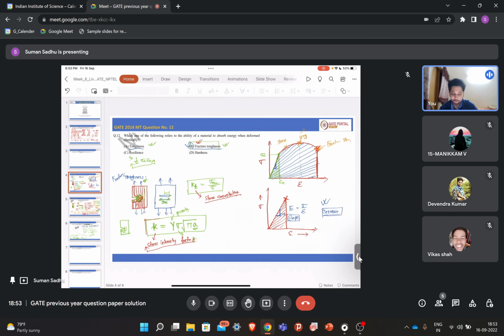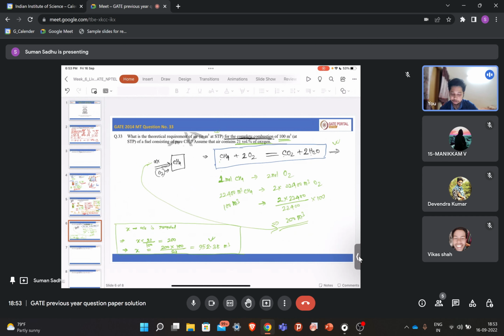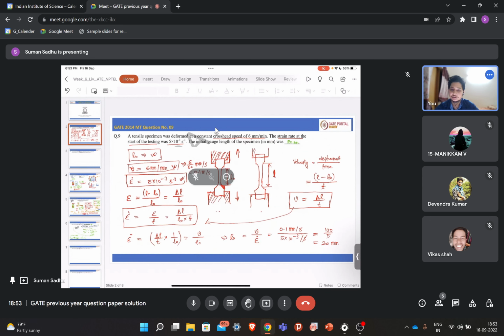The second question was this one, where I also explained the toughness, fracture toughness, resilience and hardness, and the differences between these four terms. And this is the third question of today. Does anyone have any difficulty understanding any of these questions, or any doubt?